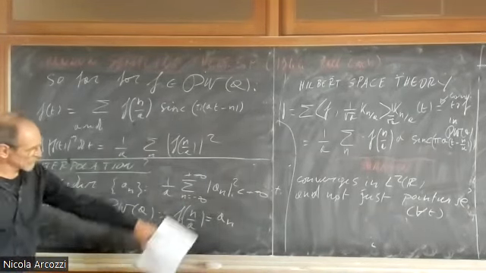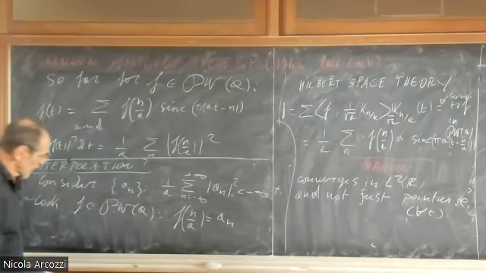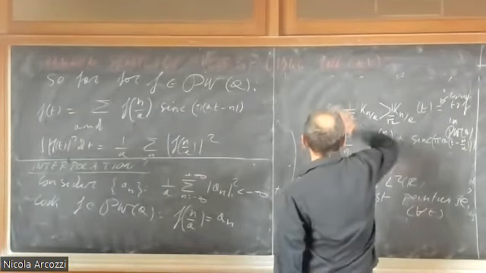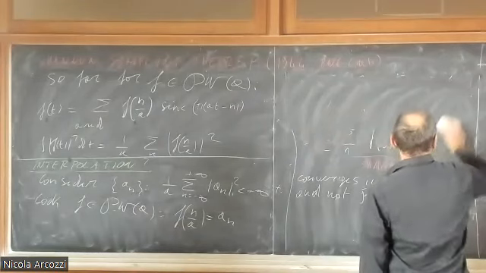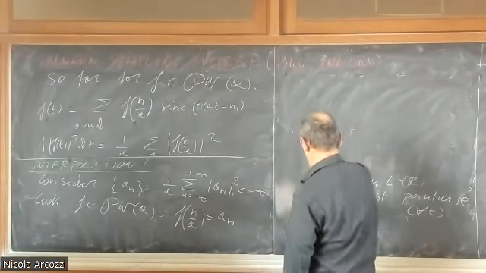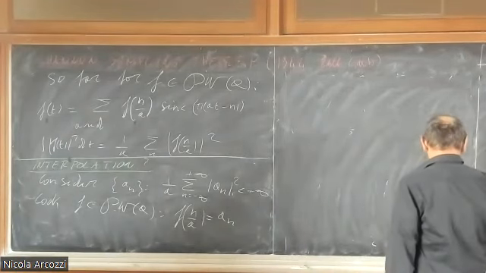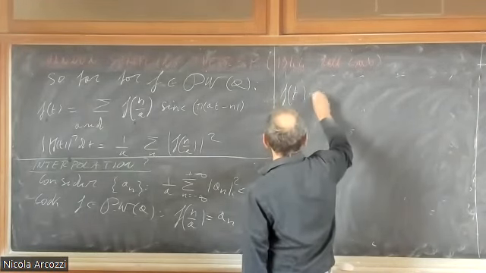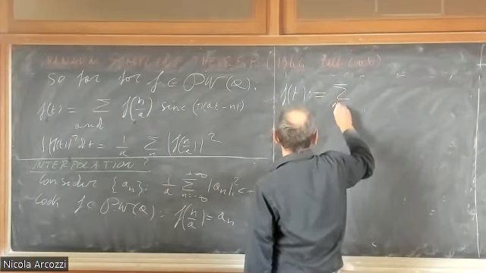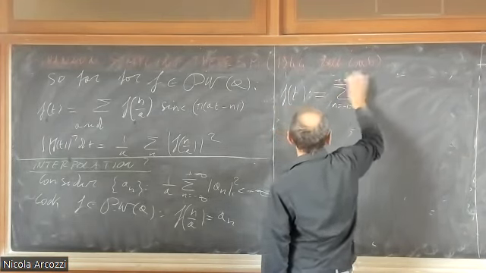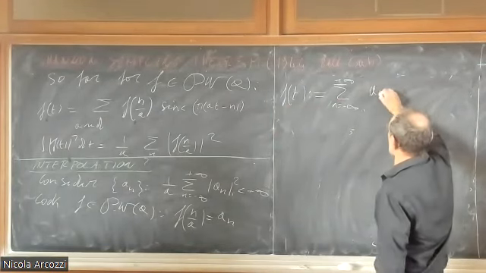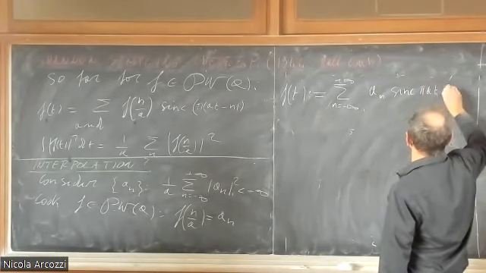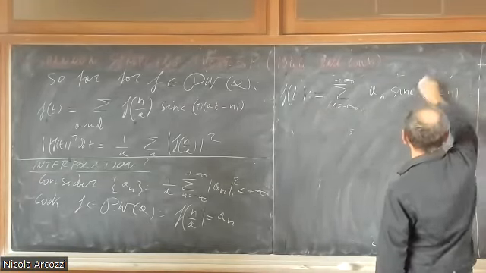So I want to solve this interpolation problem. How can I do it? Well, I copy this formula here. It seems that the best possible way is to define f of t as the sum from minus infinity to plus infinity of a n times sinc of a t minus n.